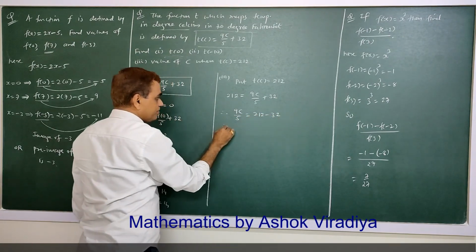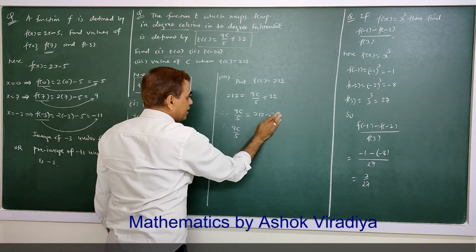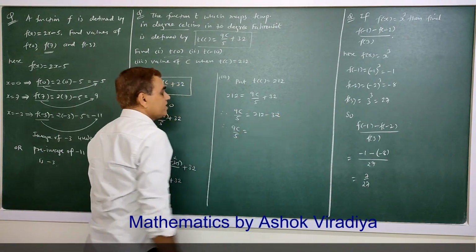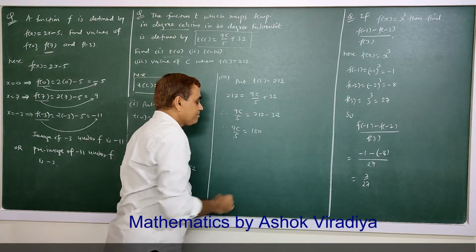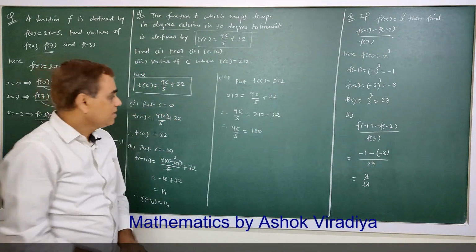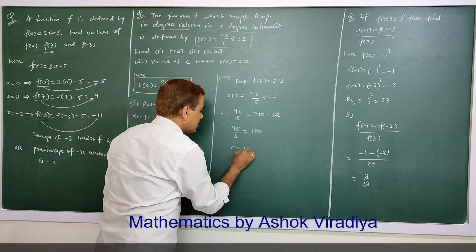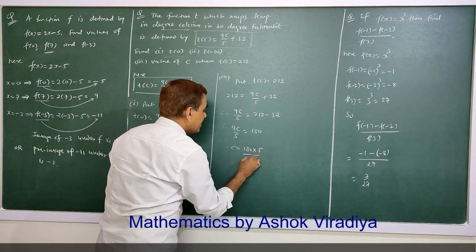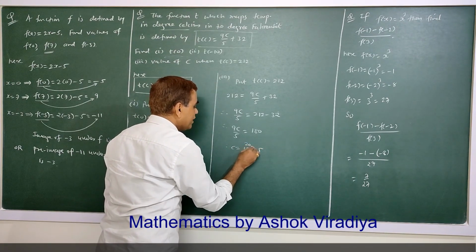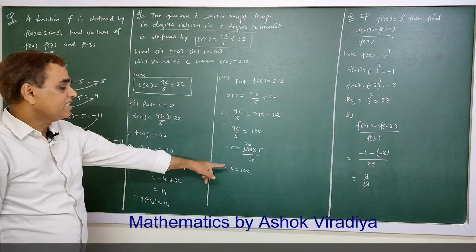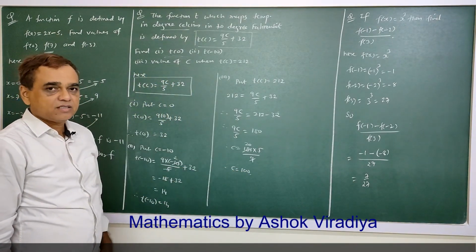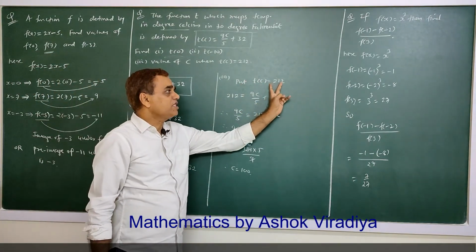So 9C by 5 is 212 minus 32, that is 180. That is C is 180 into 5 by 9. So 9 into 20, 180. So C is 100. So 100 degrees Celsius is equal to 212, this is the Fahrenheit value.